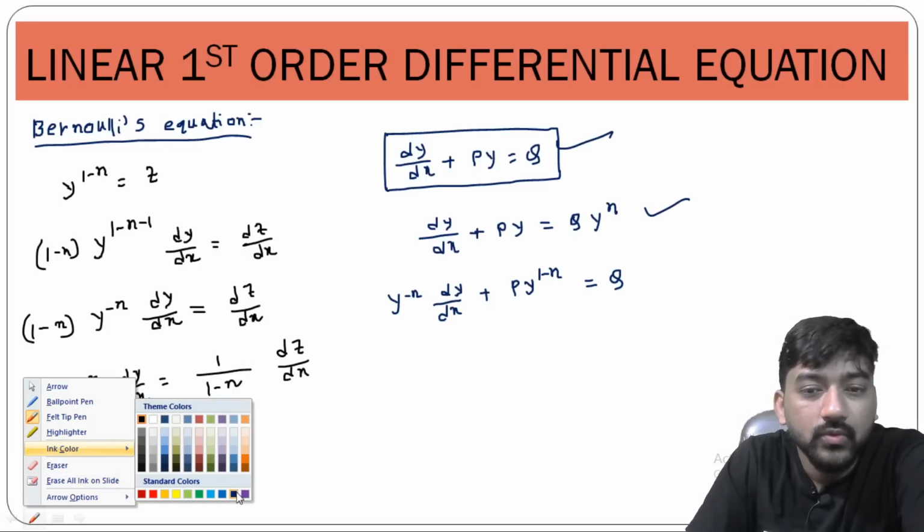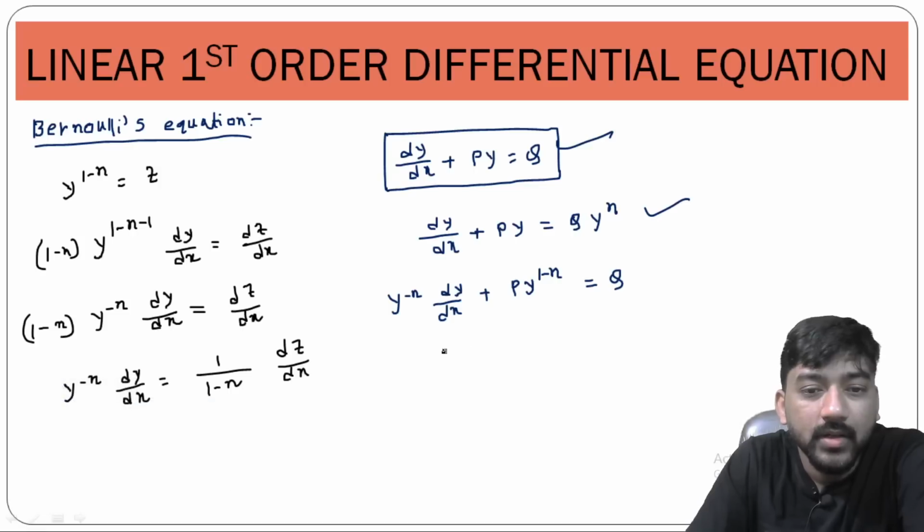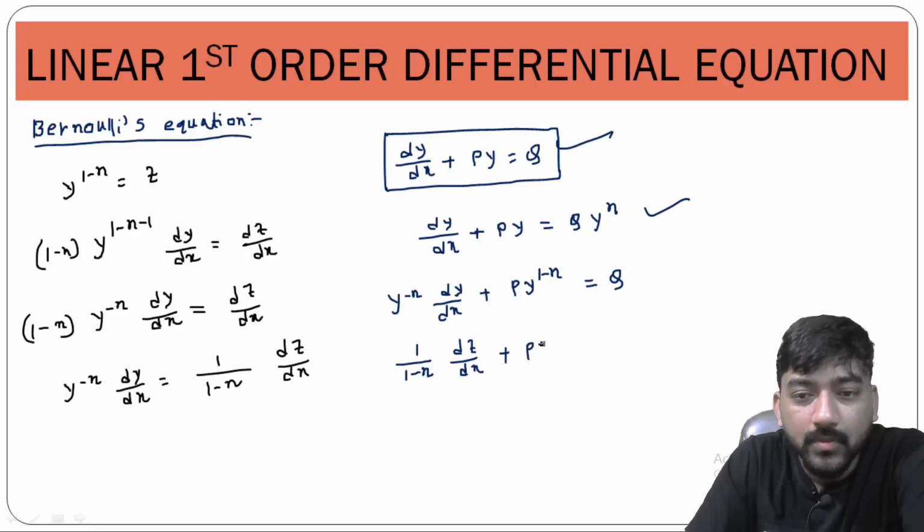If you put that, 1 by 1 minus n into dz by dx plus this y to the power 1 minus n, which is nothing but z, so it will be just pz is equal to q.